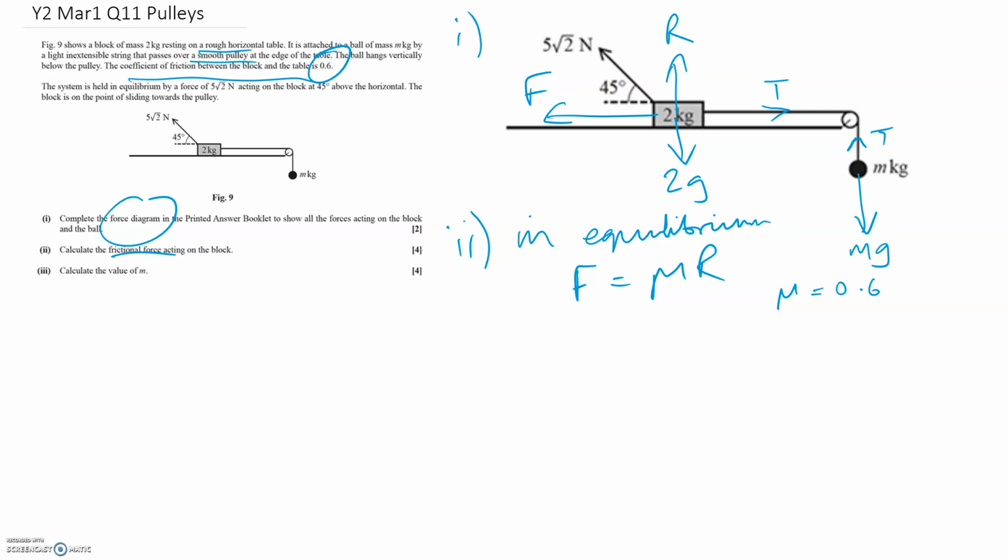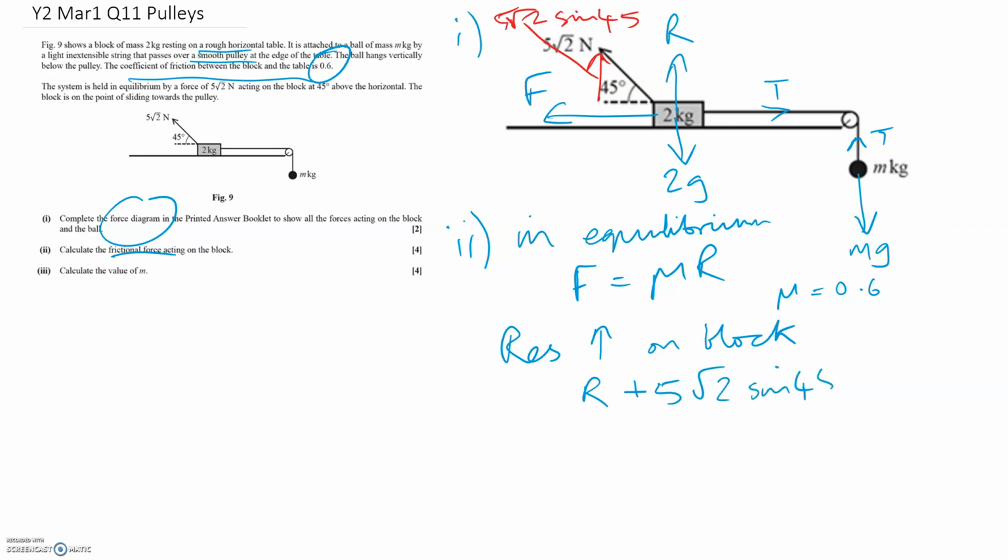So in order to find R, we can resolve vertically on the block, and since it's not moving in that direction, we know that the upwards forces, which are R plus this force here, 5 root 2 sine 45, those are the two forces going up on the block, and they will equal the forces going down, which is just the weight of the block, which is 2g.